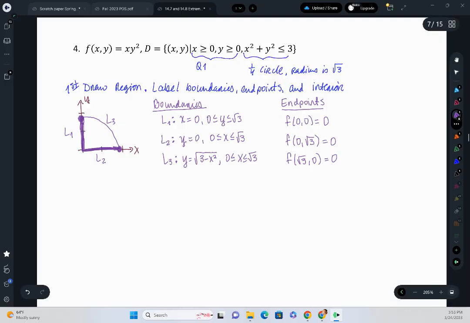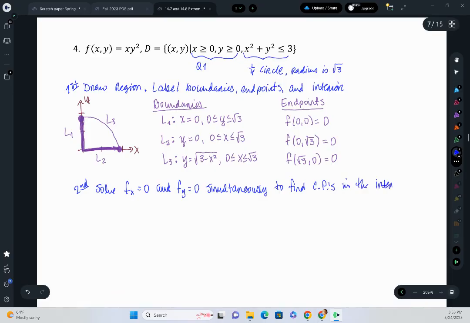Okay, next thing to do is to solve f sub x equals 0 and f sub y equals 0 simultaneously to find critical points in the interior.